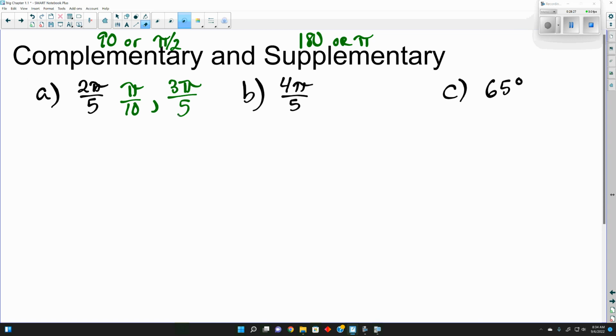Questions on this here? And I mean, realistically, mathematically, we were saying that 2 pi over 5 plus x is equal to pi over 2. And the same thing with pi. Then we would subtract to solve.